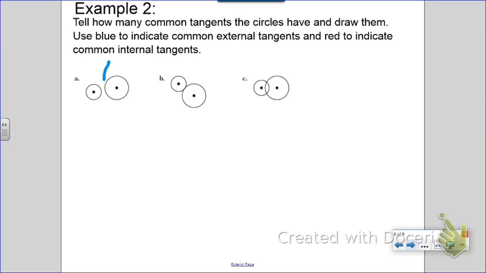We can draw 2 lines that are common internal. We can draw 1 line through this one that's common internal. And there are no common internal on the third one because the 2 circles intersect each other. Common external tangent lines we'll do in red.